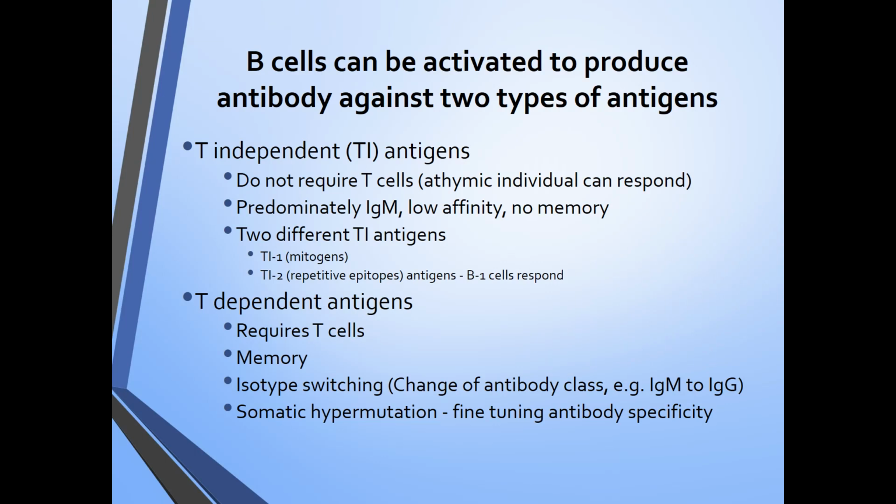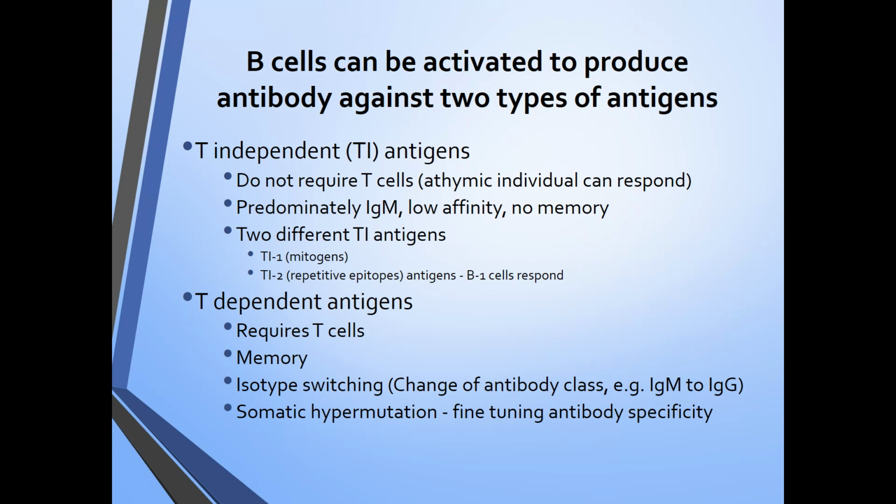So an athymic individual who has no T cells can still develop an antibody response against certain antigens. The responses are predominantly IgM, they're low affinity, they have no memory. So this is a T-independent antibody response: IgM, low affinity, no memory.